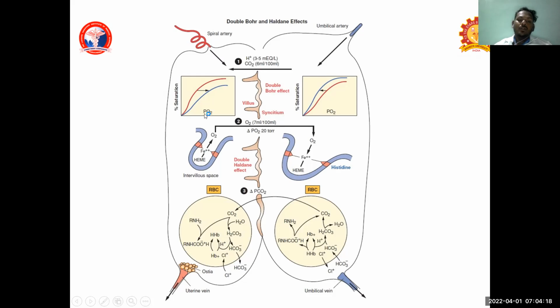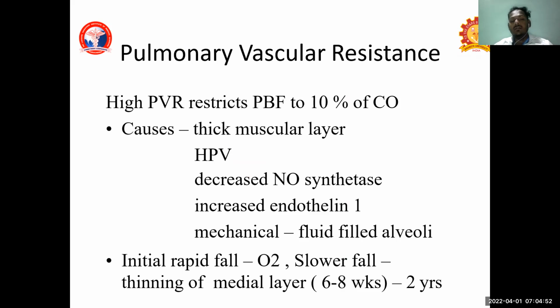Here the ODC is shifted left. This is by the double Bohr effect. Here, because of the double Haldane effect, carbon dioxide affinity is altered. Accordingly, the oxygen affinity is also altered by changing the concentration of CO2, by its affinity for the heme oxygen affinity in the central histidine.